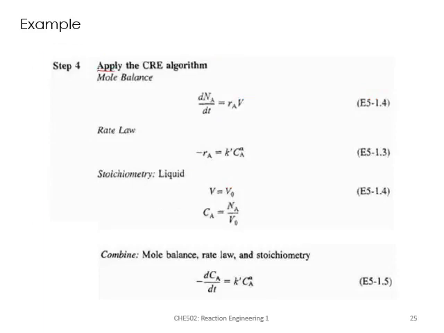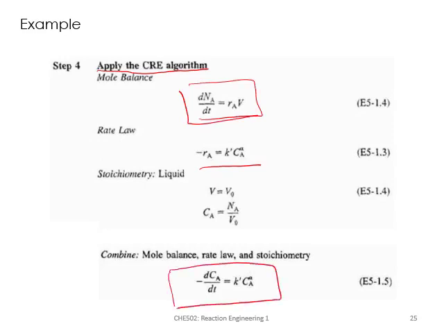Step number 4, apply the chemical reaction engineering algorithm, for which you have the mole balance, then the rate law. You may have it in terms of number of moles, then in terms of concentration as well. When you combine the mole balance and rate law, you will have this.